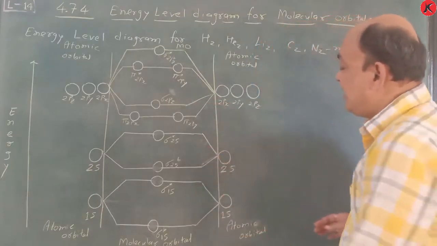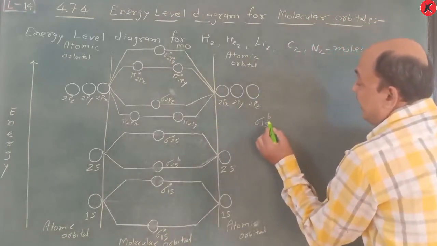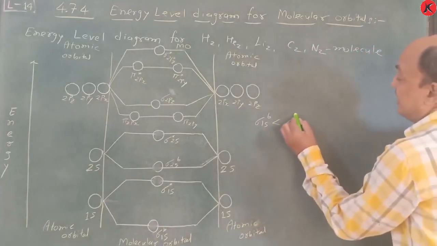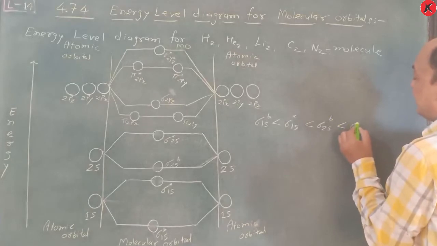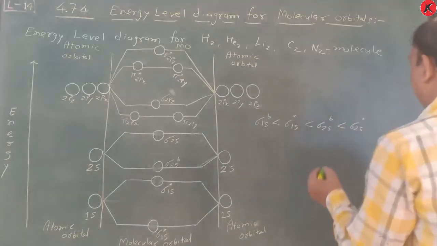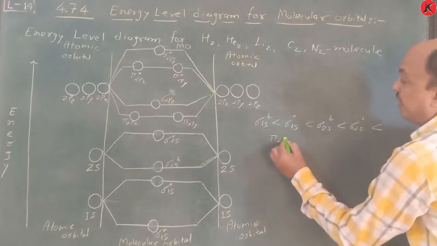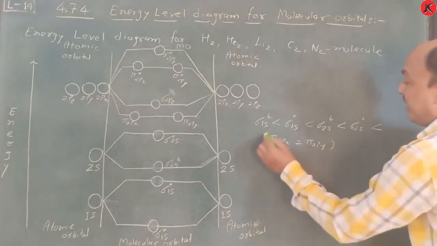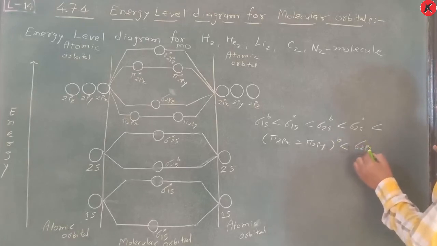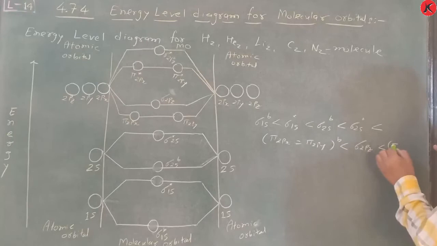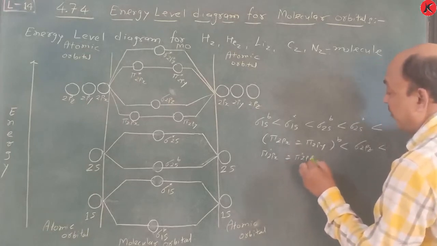So energy is increasing, just as written in your book: sigma 1s bonding is lower, then sigma star 1s, then sigma 2s bonding, then sigma star 2s, then pi 2px equal to pi 2py, these being bonding, then sigma 2pz, then pi star 2px equal to pi star 2py.